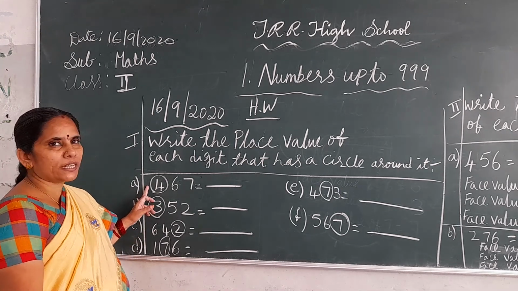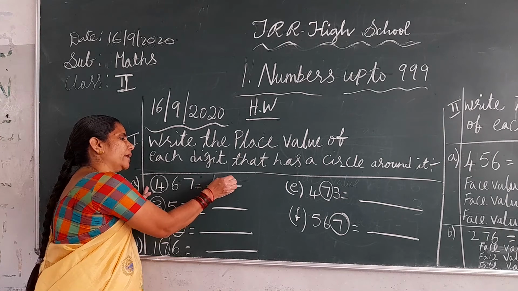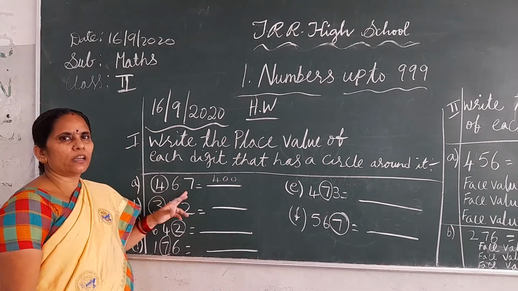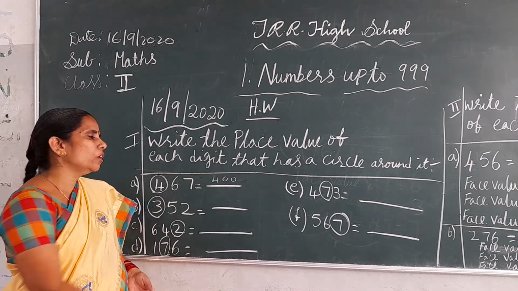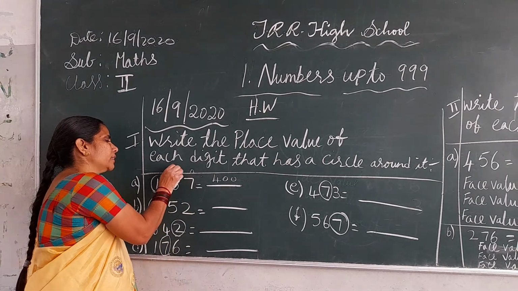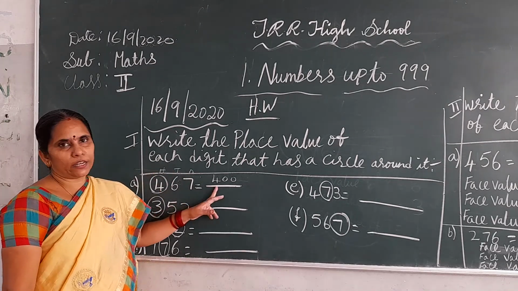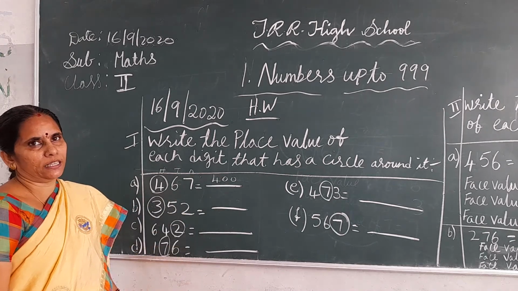Okay, here 4 is circled. 4 is in which place? 400. This is in the hundreds place. 1s, 10s, 100s. You can say it orally or otherwise. If it is difficult for you, just write the place values: 1s, 10s and 100s. 4 is in the hundreds place, so the place value is 400. Like that, see each one and answer it.